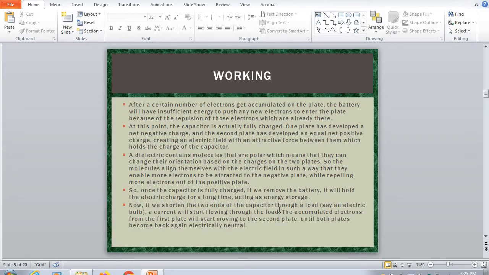Now, if we short the two ends of the capacitor through a load, say an electric bulb, a current will start flowing through the load. The accumulated electrons from the first plate will start moving to the second plate until both plates become electrically neutral again.